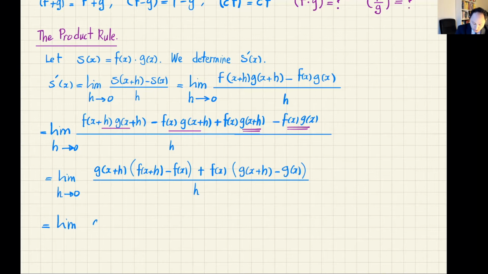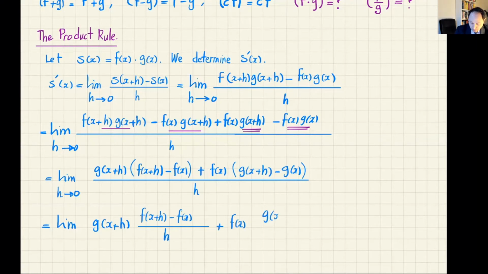I will write it as g of x plus h multiplied by f of x plus h minus f of x divided by h, plus f of x, and then I will have g of x plus h minus g of x over h, as h goes to 0.